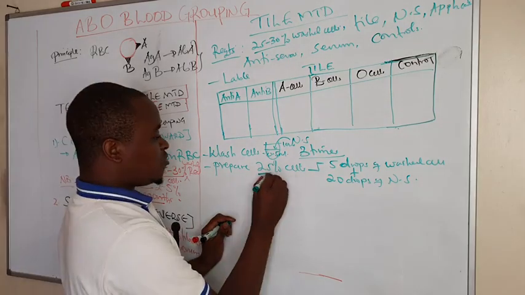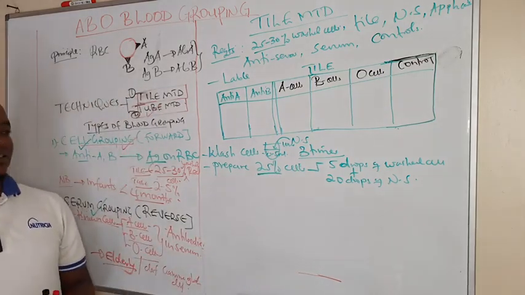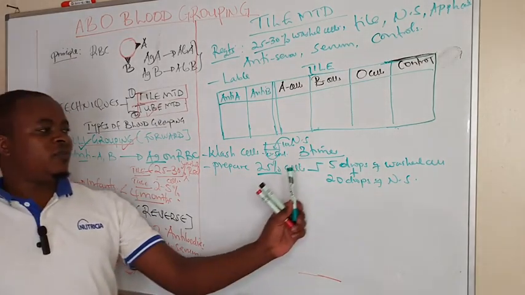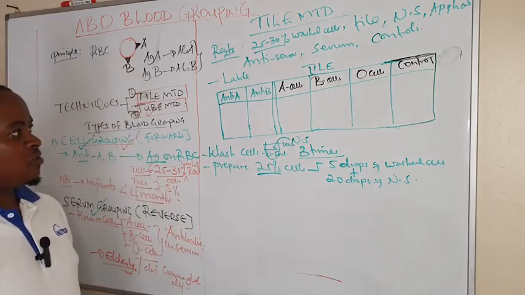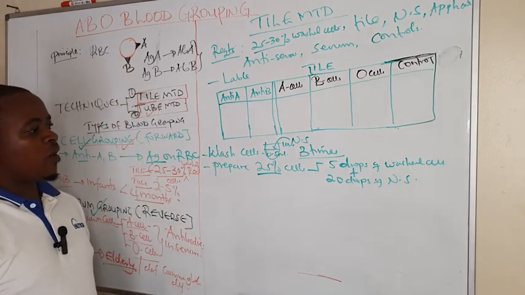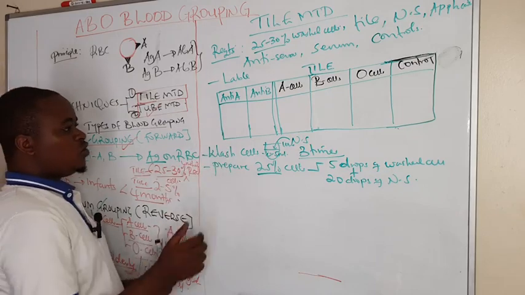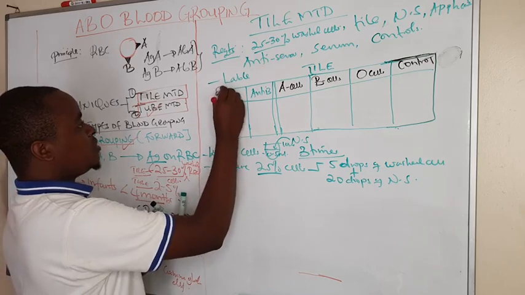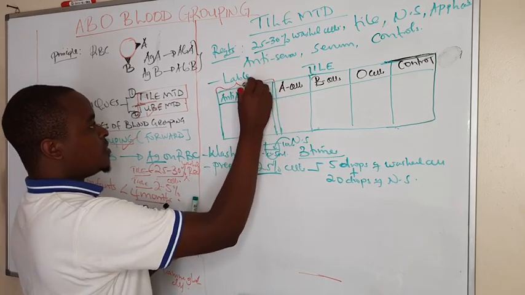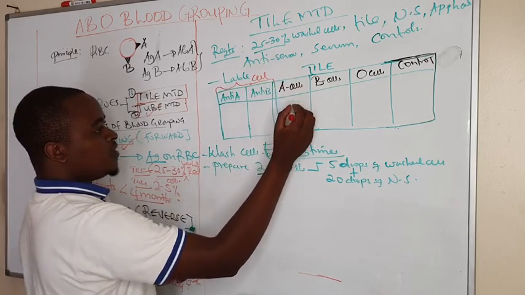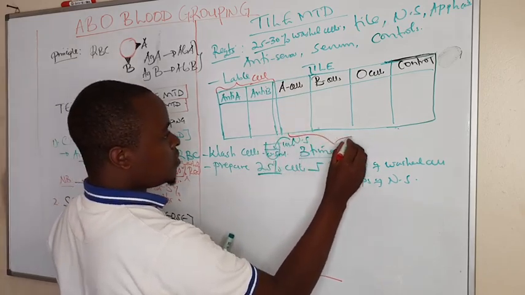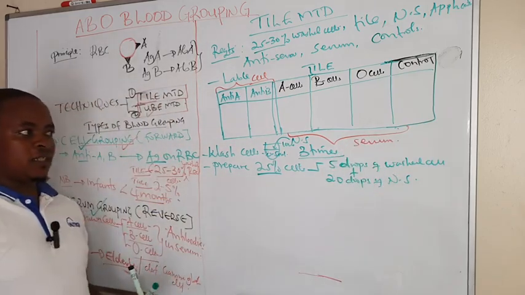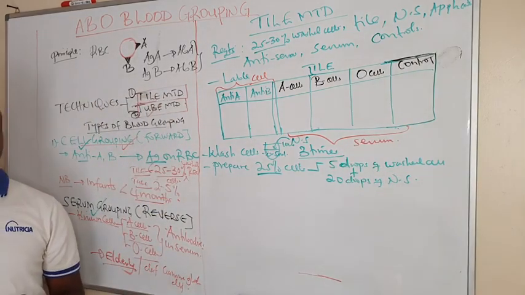This gives you a 25% cell suspension. When we have this 25% cell suspension, we are going to use it for the forward grouping. We said this first partition is for cell, then from here, this is for serum. We are doing both concurrently to see if they will agree.